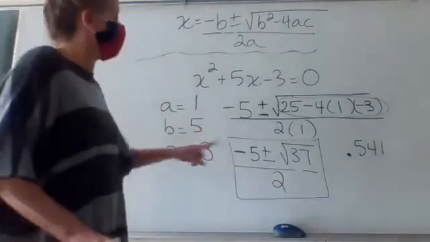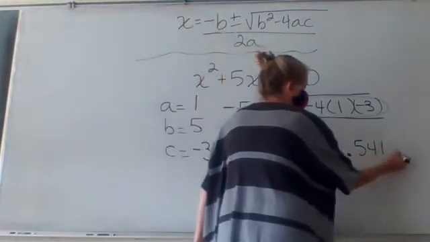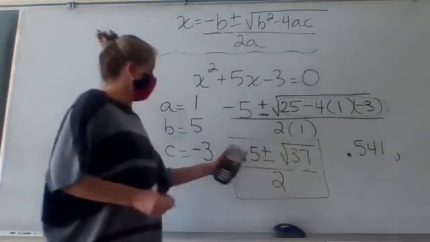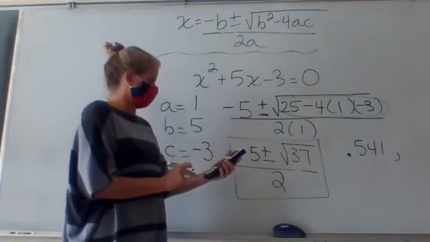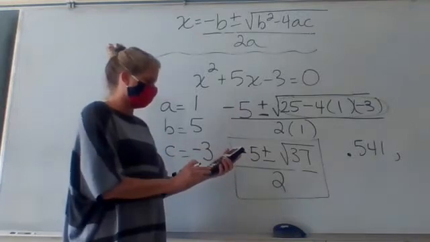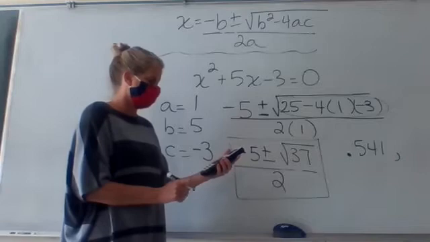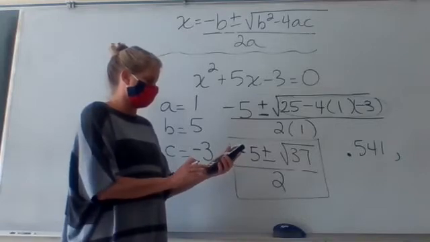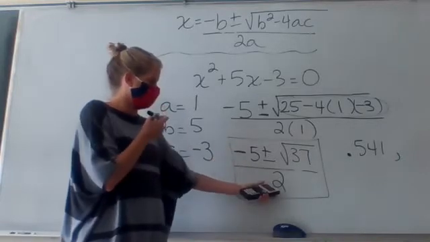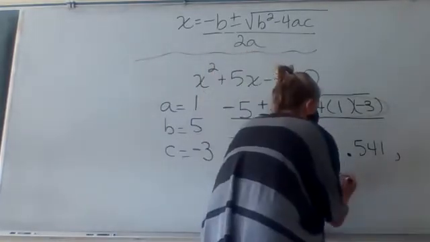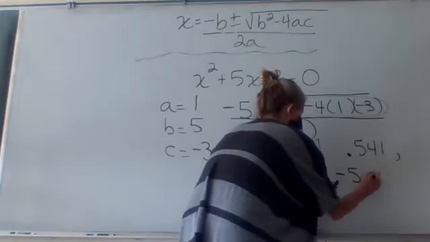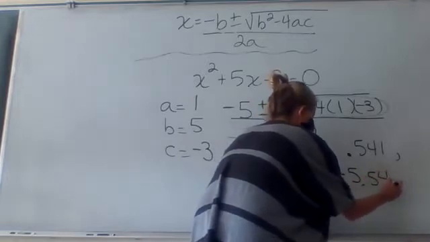So now I need to do the other approximate solution, which would be -5 minus the square root of 37, enter, and then divide that by 2, because that's your divided by. So this one I have -5.541.